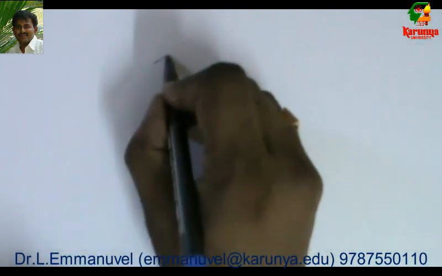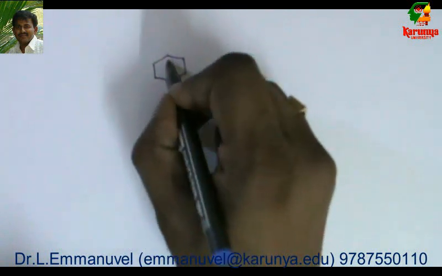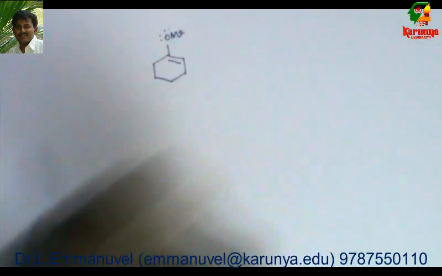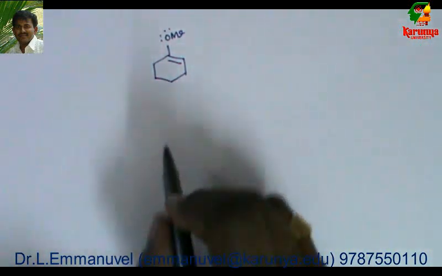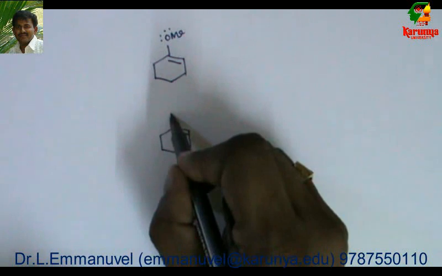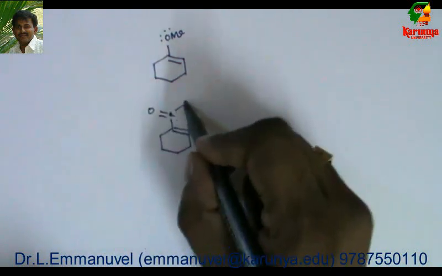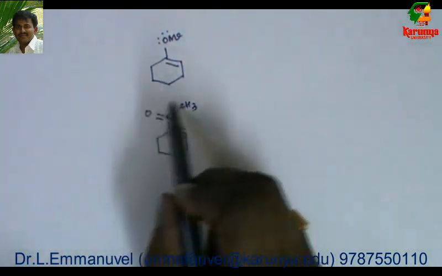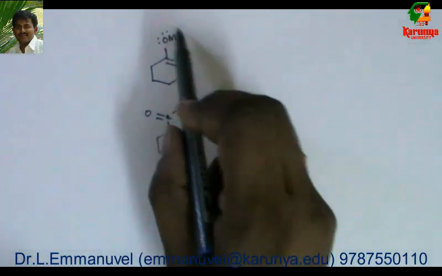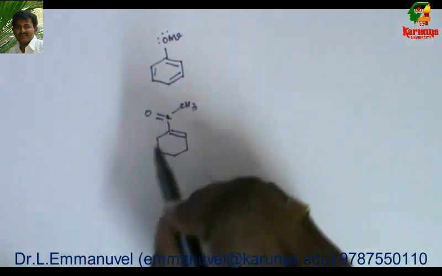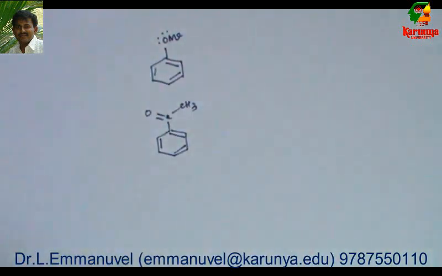I go for this. Now you can compare this part with whatever I have shown earlier. Now I just add two more double bonds.